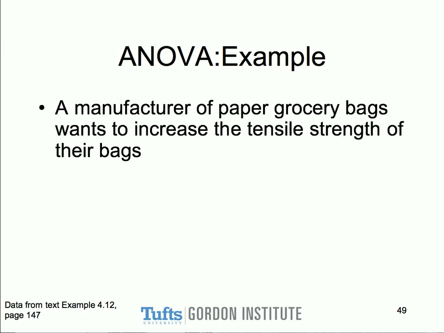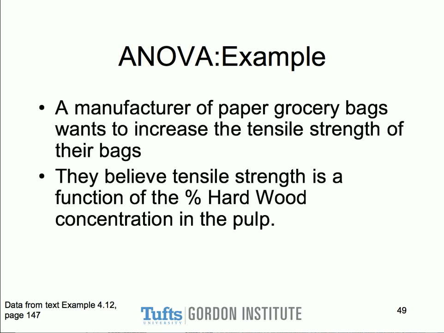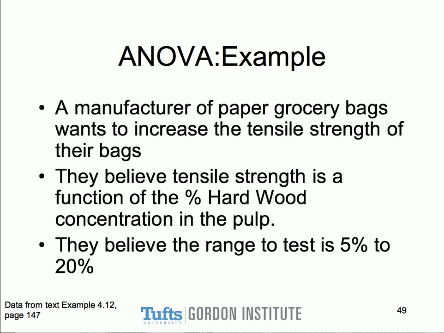A manufacturer of paper grocery bags wants to increase the tensile strength of their bags. They believe tensile strength is a function of the percent hardwood concentration in the pulp. They believe the range to test is 5% to 20%, with 5% increments.